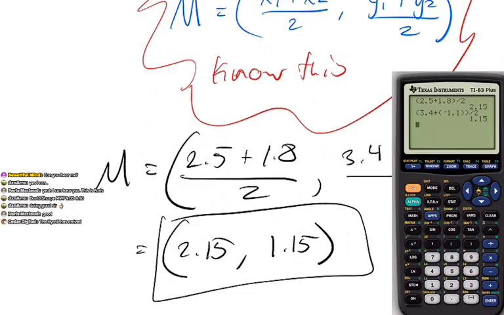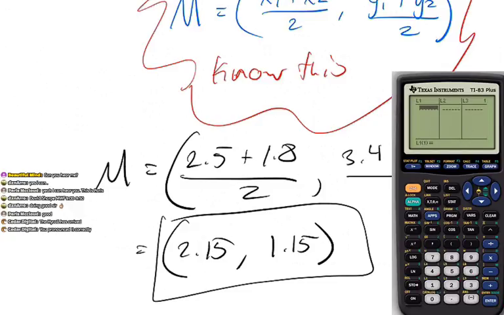So I'm going to go to stat plot in the upper left hand corner of my calculator. I'm going to turn this on. Let's see, I think I need to go to table set. No. Oh, stat. Yeah. So I went to stat, edit. Now I'm just going to plot these 3 points.